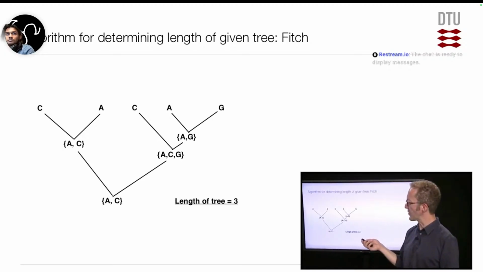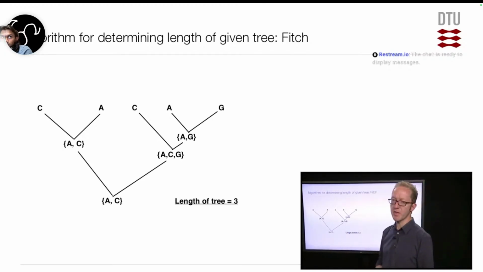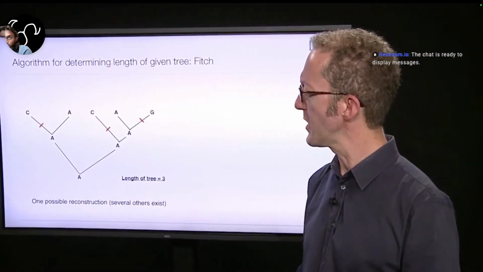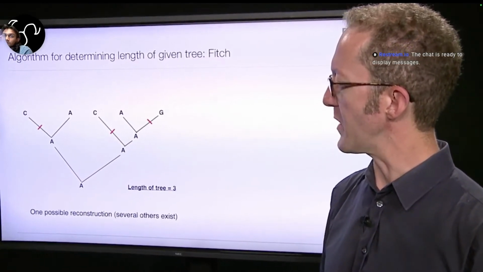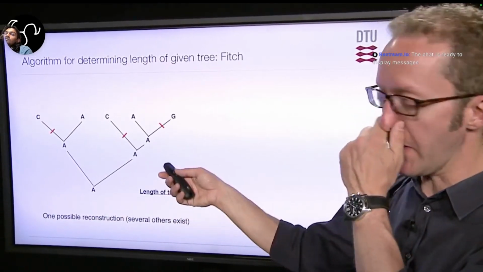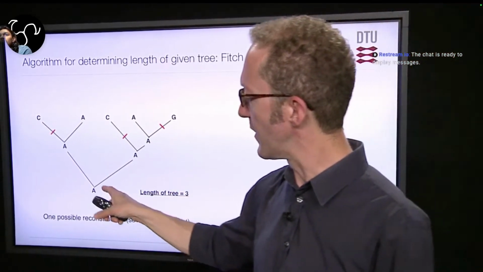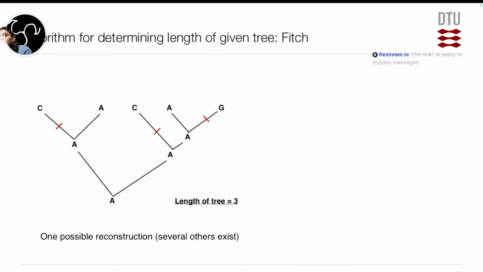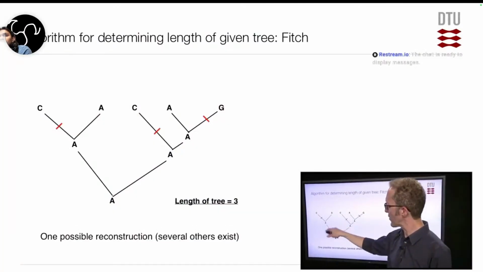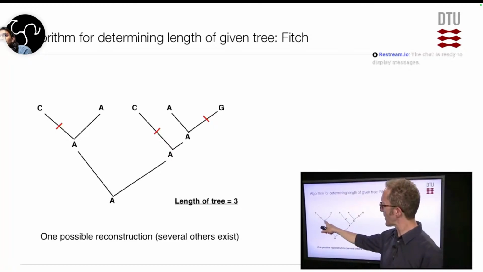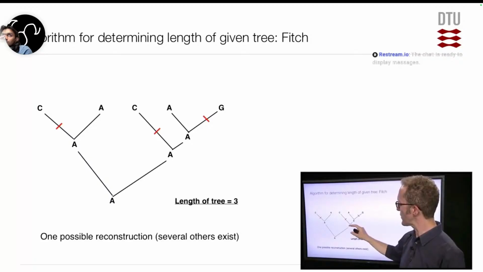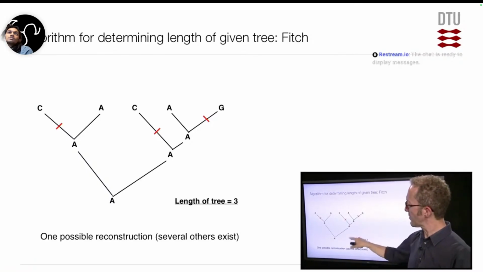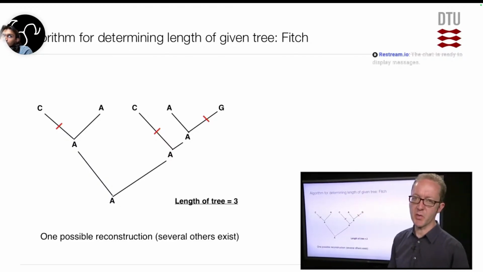One way of seeing that this is true is to actually try to make one ancestral reconstruction and see that the number of mutations fit. So one possible reconstruction, there are actually other possibilities, is this. We assume that the ancestor was an A and that all the other ancestral nucleotides were also A. If that's true, then we can see there's been one mutation on the branch to the C, another mutation on this branch to the C, and one mutation on the branch to the G. So all in all, for this particular tree with this particular data set, 3 mutations are required.